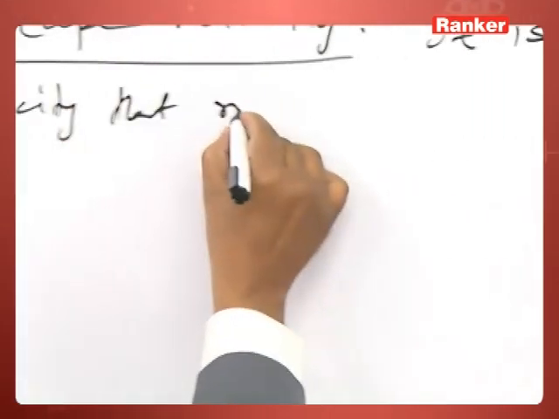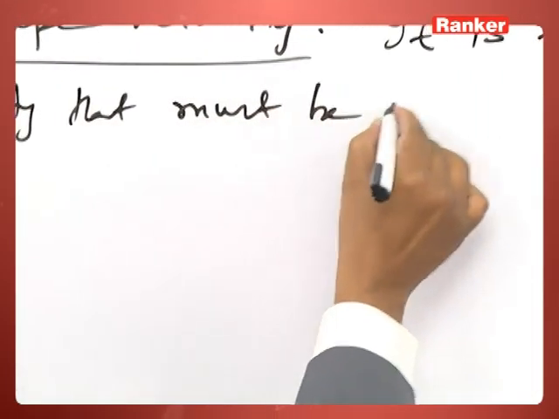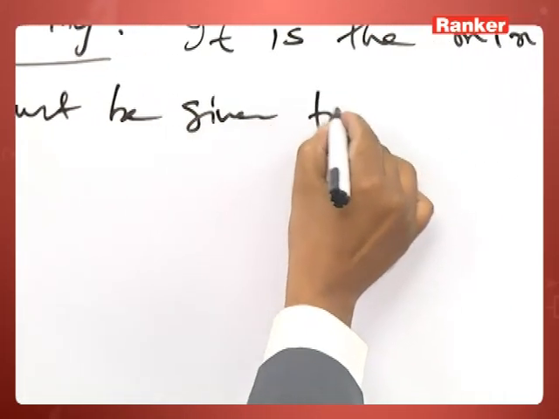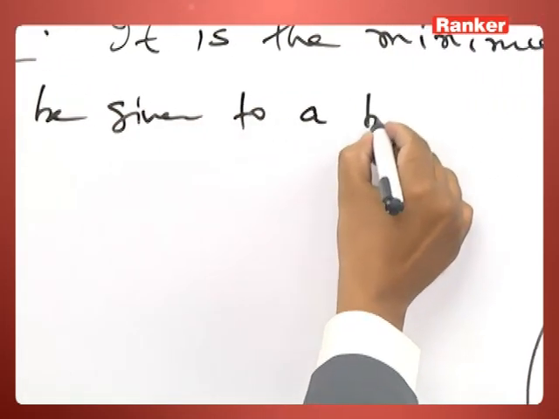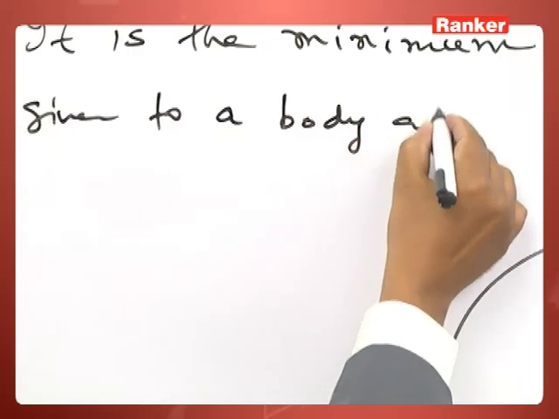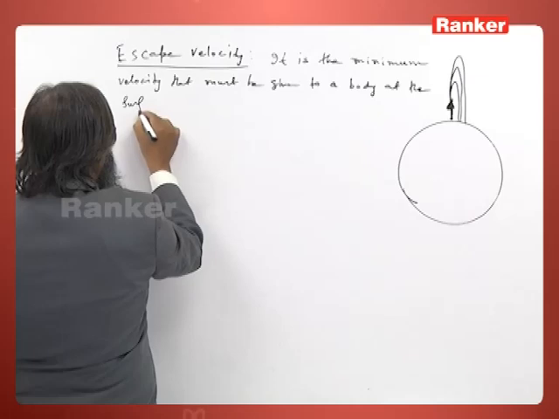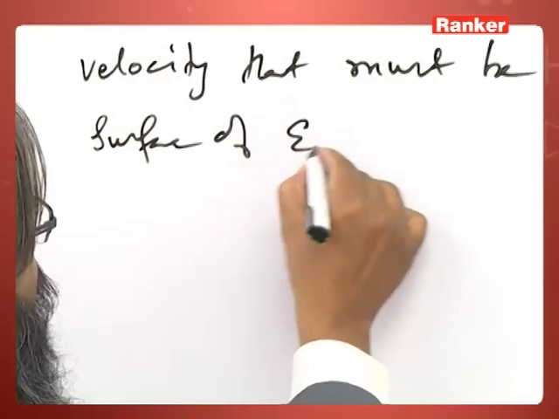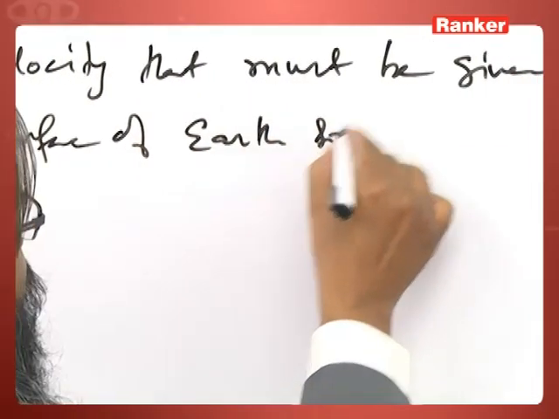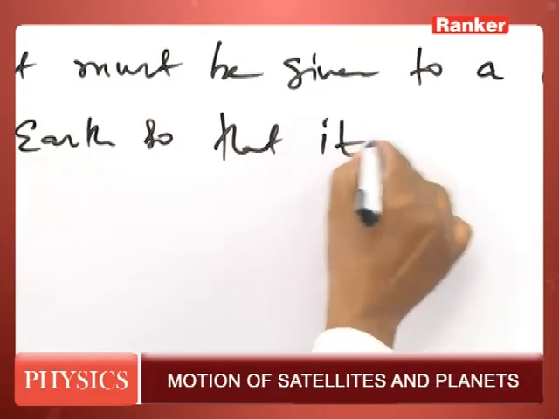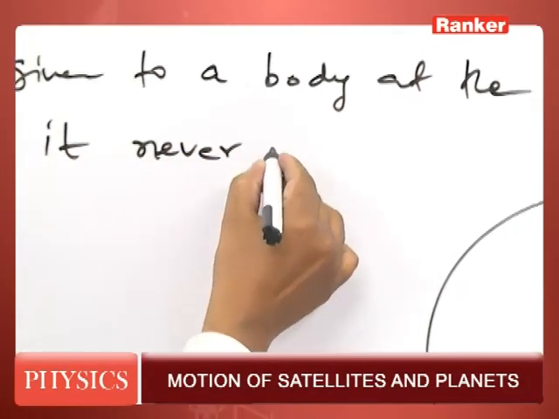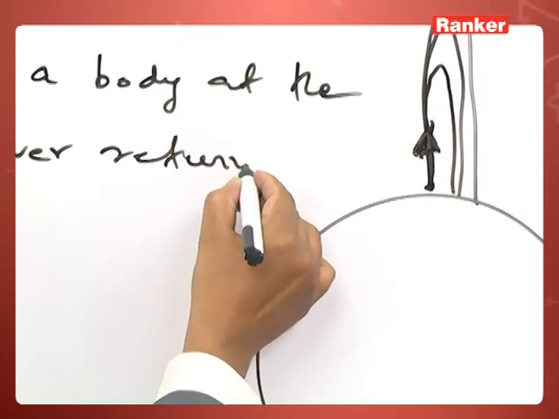That means it is the minimum velocity that must be given to a body at the surface of Earth so that it never returns back.